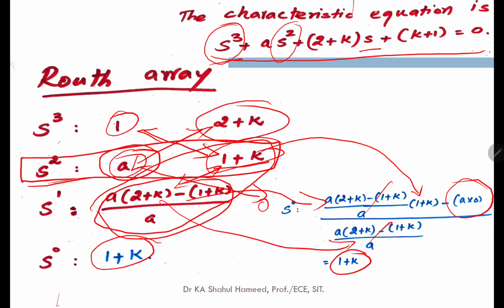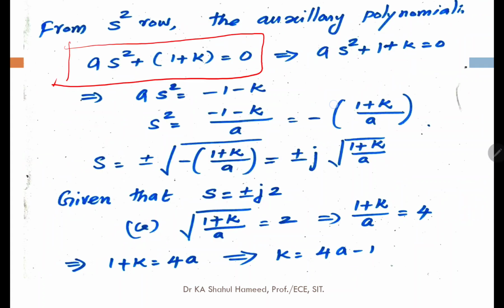This is purely based on this row. The first coefficient, the s^2 coefficient, is a, and the s^0 coefficient is 1 + K, which is equal to 0. So I am going to take this polynomial and separate a s^2 on one side and the constant on the other side. So a s^2 = -1 - K.